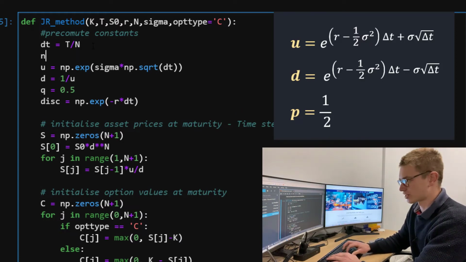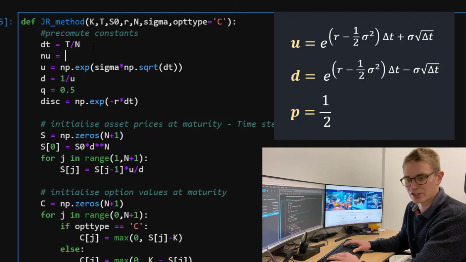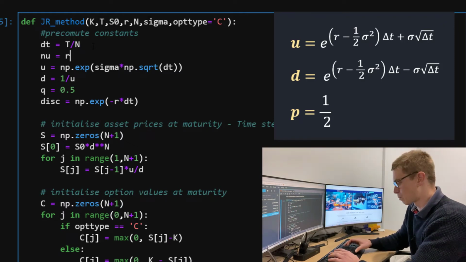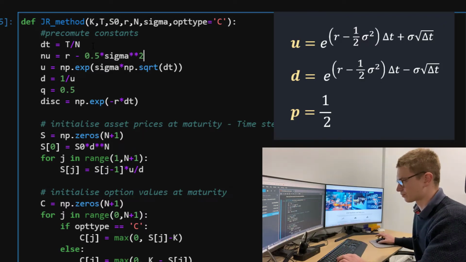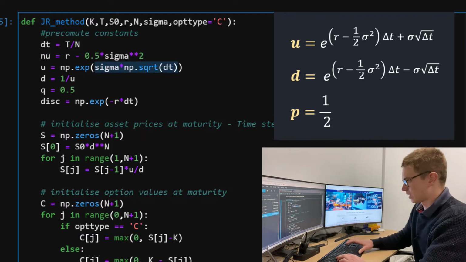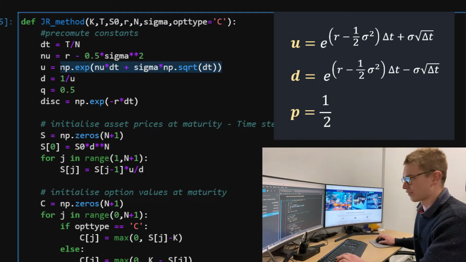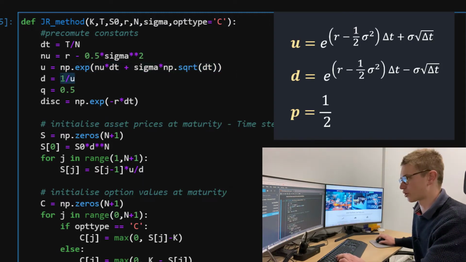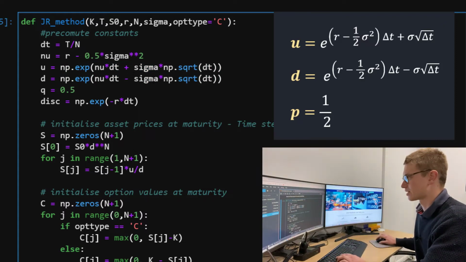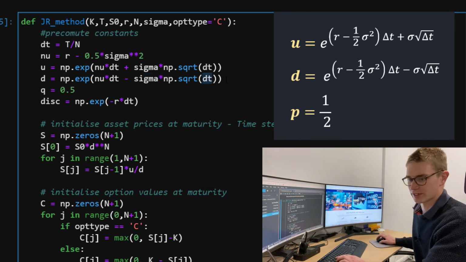We're going to introduce something called nu here, and this is just going to be r minus 1/2 of the volatility squared. So this is our value nu, and we'll be using that going forward. We're going to use nu times dt plus sigma times the square root of dt. Excellent. And for the down factor, we can do something very similar. We'll just copy and paste that there, but it'll be minus sigma times the square root of dt.